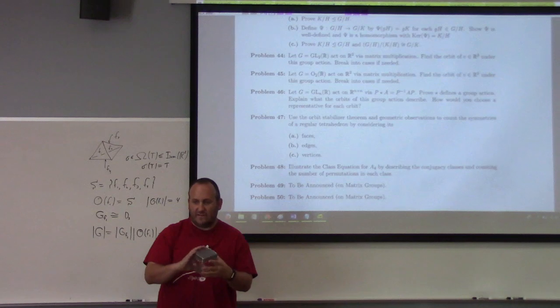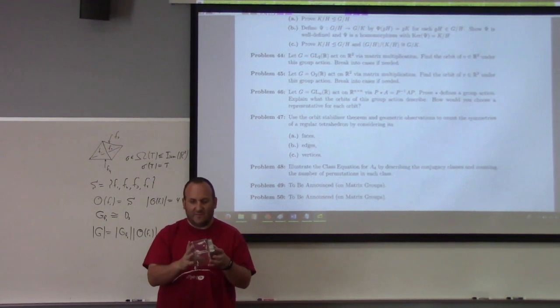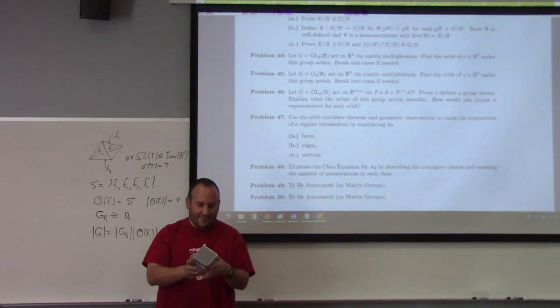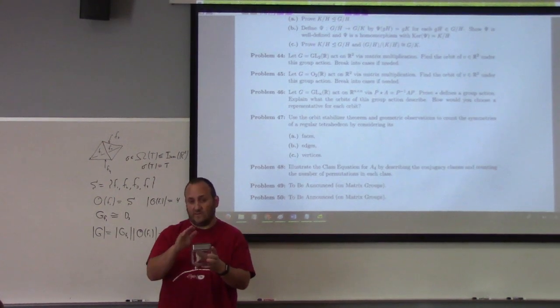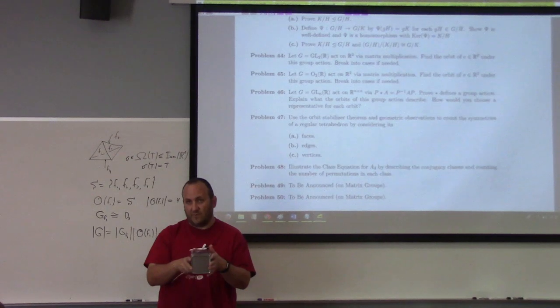So that's a demo. I should have had this in class. I shouldn't have brought my kids that day so we could have done a better job. But that illustrates why there are 48, because 6 faces times D4, which is 8 things, so 48 symmetries of a cube.